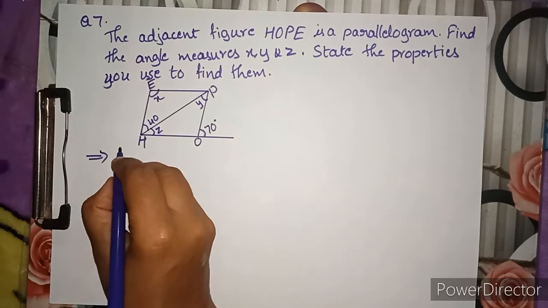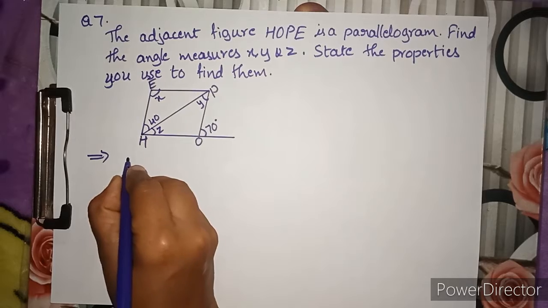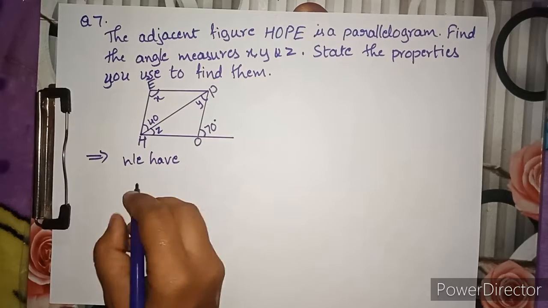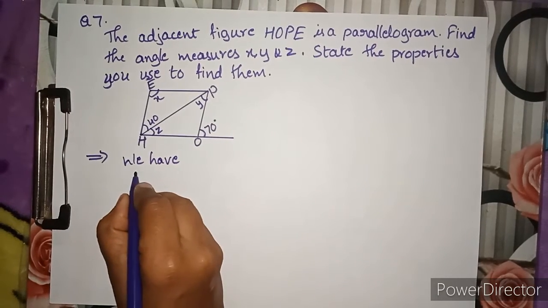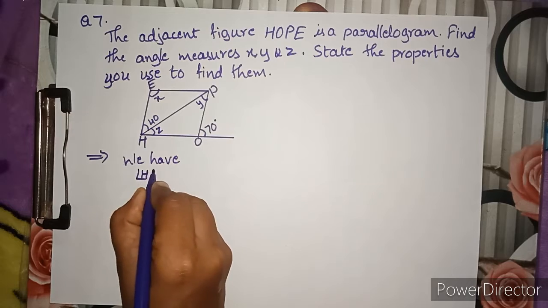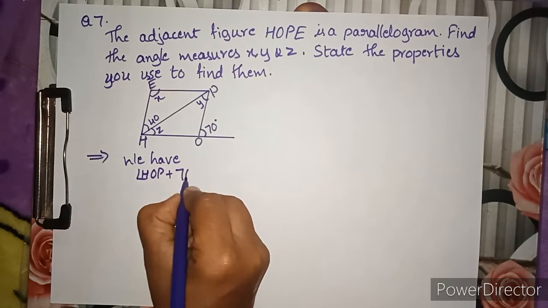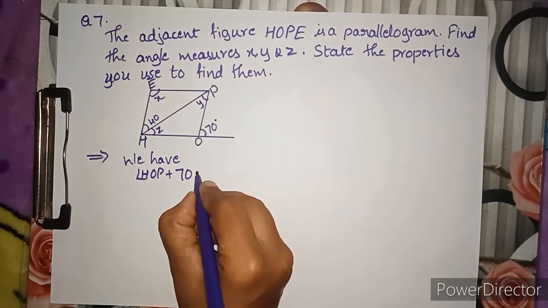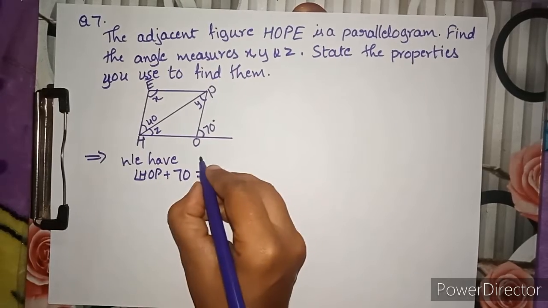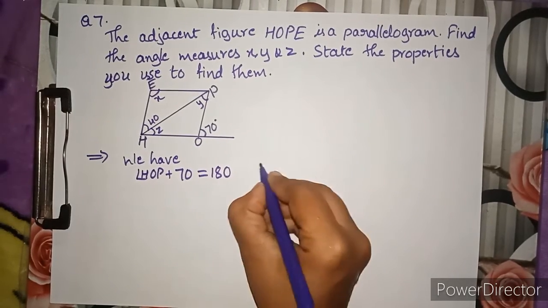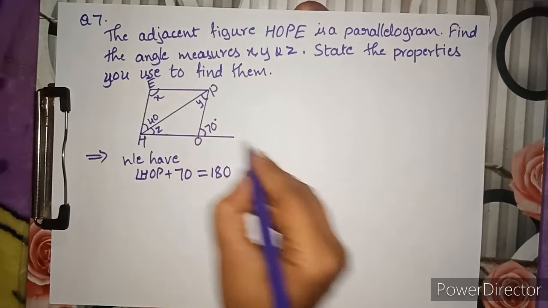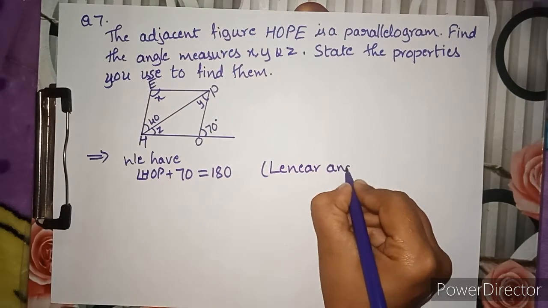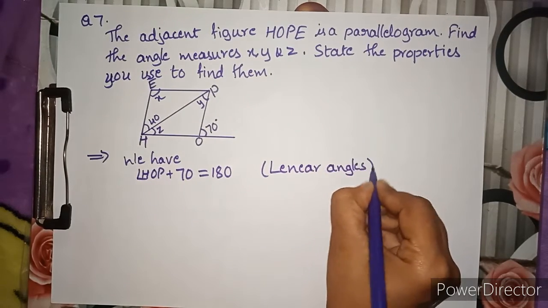Now we have angle HOP plus this 70 degrees is equal to how much? 180. The property we use for it is linear angles. Sum of linear angles is 180 degrees.